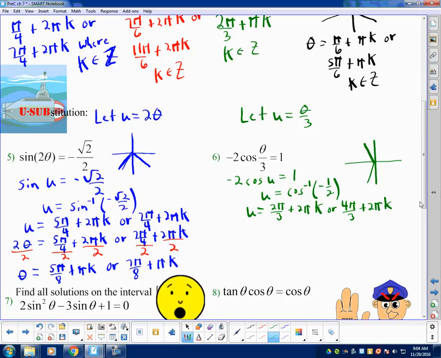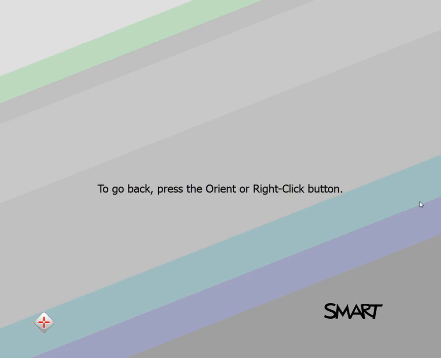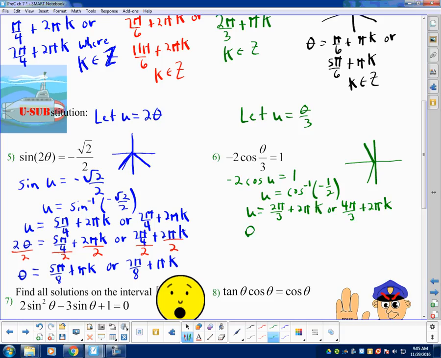Then I go, okay, I need to replace u with theta over 3. Oops. Mess up on me. Okay, just give me a moment to do this real quickly. All right, so we have theta over 3 equals all this, 2 pi over 3 plus 2 pi k, or 4 pi over 3 plus 2 pi k.